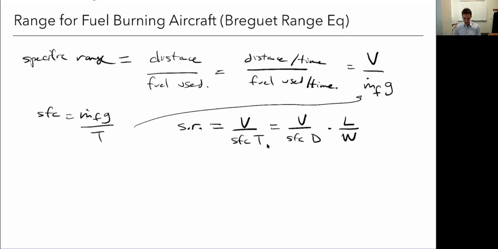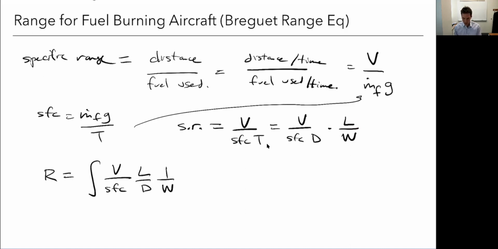The top of this was distance, and now I can integrate this to get the distance. So my distance flown is going to be the integral of this expression here, V divided by SFC. I'm going to group these two, L over D, and then I've got 1 over weight.